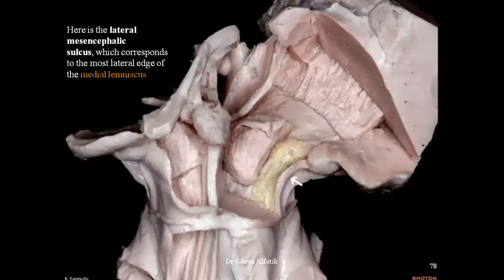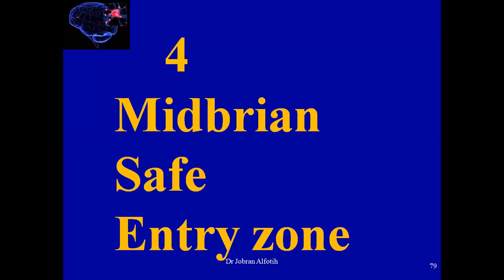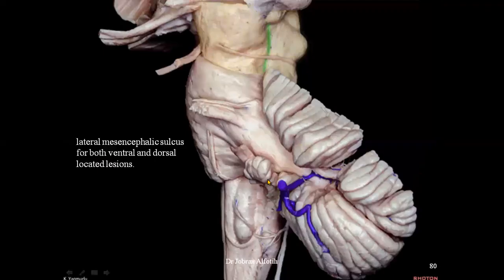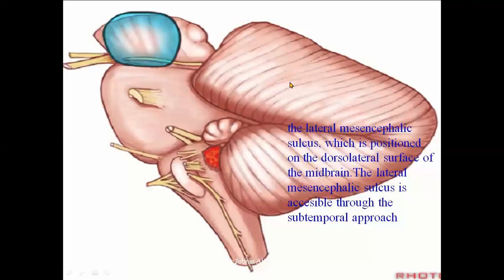Going to the fourth midbrain safe entry zone, number 4, called the lateral mesencephalic sulcus, this is a very important safe entry zone for both ventral and dorsal lesions of the midbrain. It is positioned on the dorsolateral surface of the midbrain, lateral to the mesencephalic sulcus.